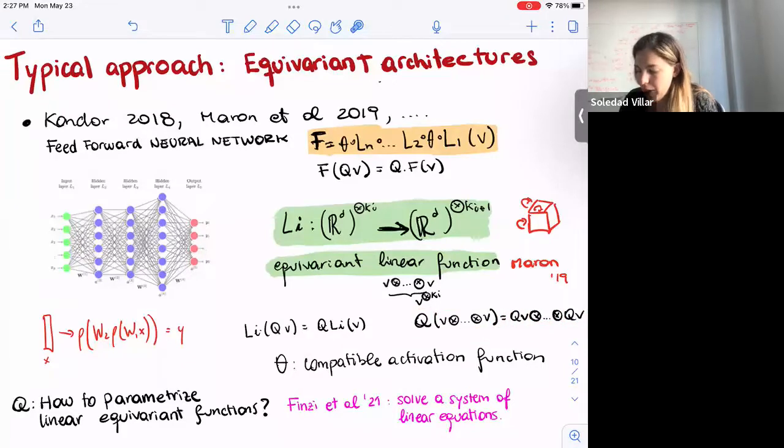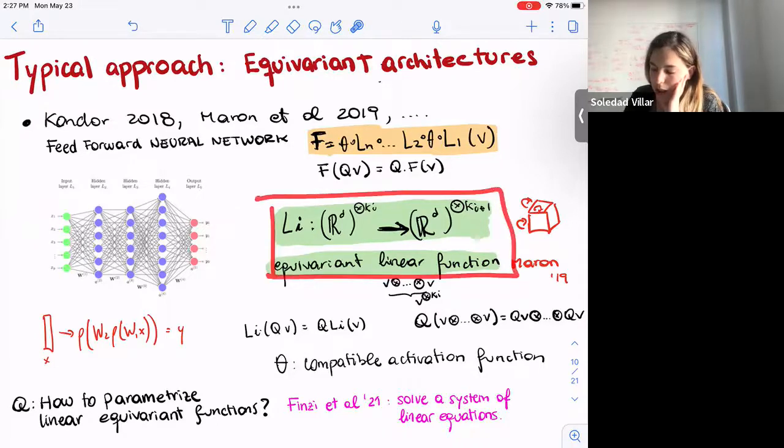And so the question is, how can you parameterize the space of functions that satisfy that? And the second question is, how do you write the group action, the activation function, so that it is compatible with the group action? There are many ways to do it. One way is what Finzi and collaborators do, which is basically they say all the linear functions that satisfy these equivariances form a linear space.